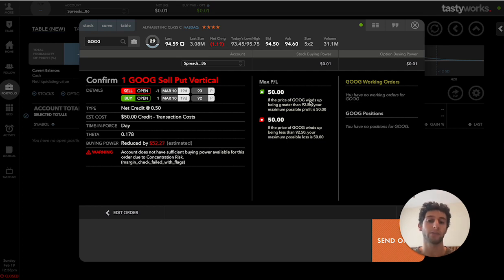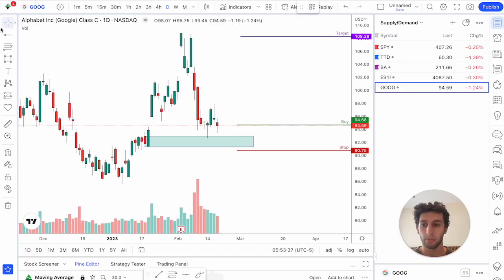So it's very obvious to see here, if the price of Google winds up being greater than $92.50, your maximum possible profit is $50. If the price of Google winds up being less than $92.50, your maximum possible loss is $50, right? So very clear one-to-one risk reward for this scenario. Now we see we have this $92.50, that's basically going to be our break even price. So if we go back on here and I plot out 92.50, it's going to be right about here.